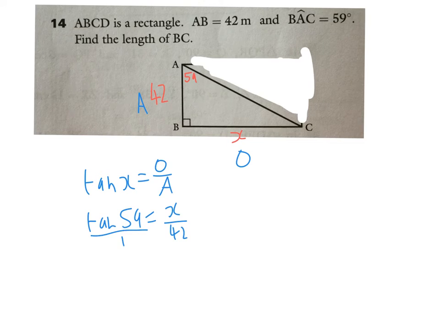Put it over 1, cross multiply to give 42 tan 59 equals X, and put that in your calculator. And that gives 69.9 to 3 significant figures, and that is a length in metres.